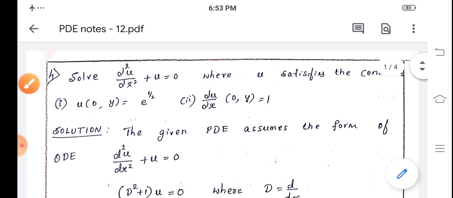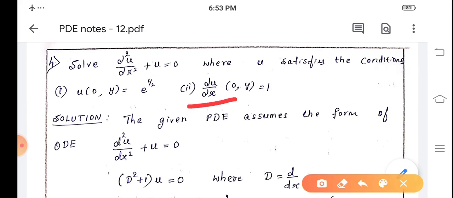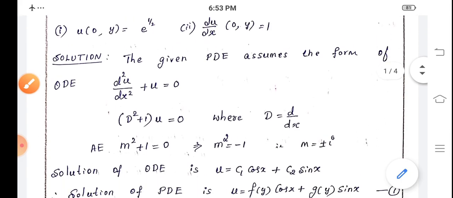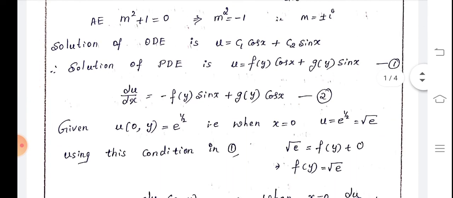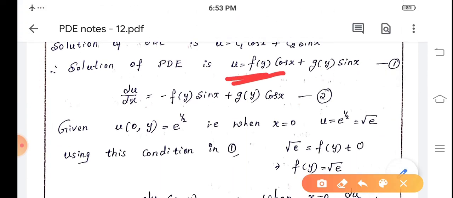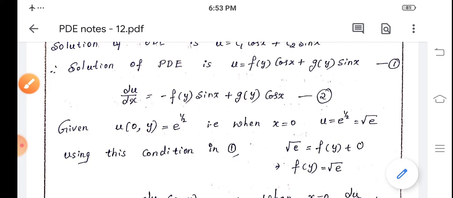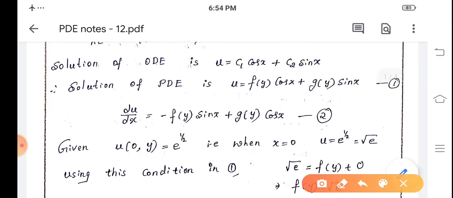In the problem, the initial condition is given for ∂u/∂x. To use this condition, we take the partial derivative of equation 1 with respect to x. Now differentiating equation 1 partially with respect to x, we write ∂u/∂x equal to, on the right hand side, when we take the partial derivative with respect to x, f(y) is constant, into the derivative of cos x, which is -sin x.